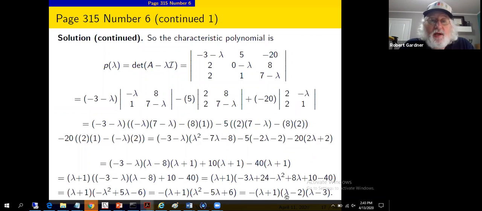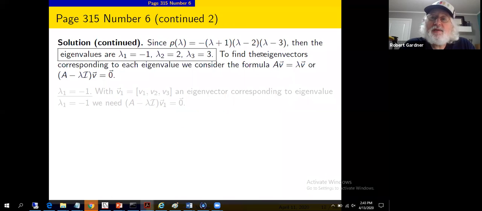So we get, for the characteristic polynomial, negative lambda plus 1, lambda minus 2, lambda minus 3. For the eigenvalues, we'll set that equal to 0 and get negative 1, positive 2, and positive 3 as the 3 eigenvalues. That produces lambda 1 is negative 1, lambda 2 is 2, lambda 3 is 3, where larger subscripts are associated with larger eigenvalues.